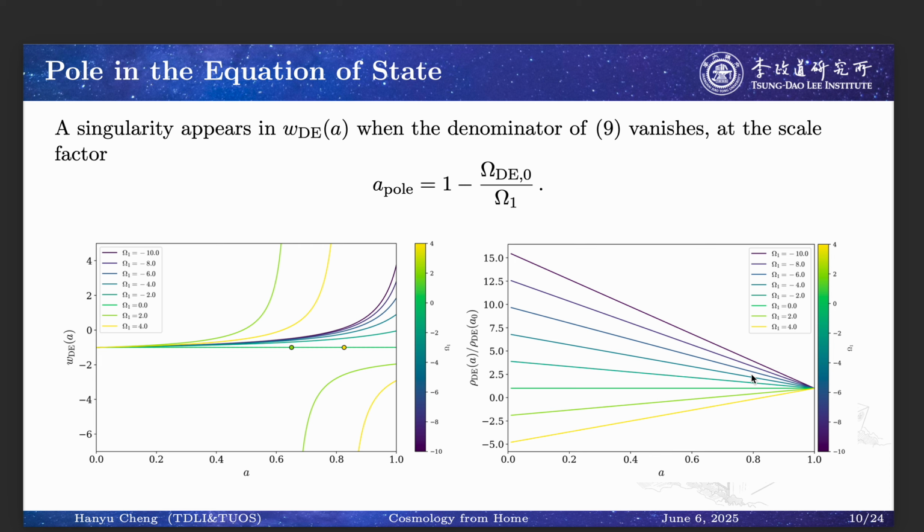In this case, one thing we need to notice is that we have a pole in the equation of state of dark energy when the denominator of the equation of state is equal to 0, which corresponds to the green line and the yellow line in this plot. This corresponds to a sign change, which means the energy density of dark energy changes from negative to positive.